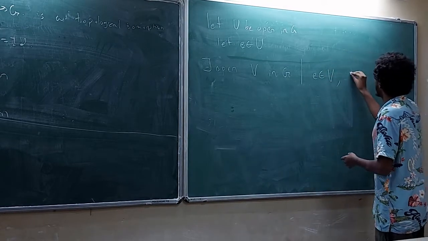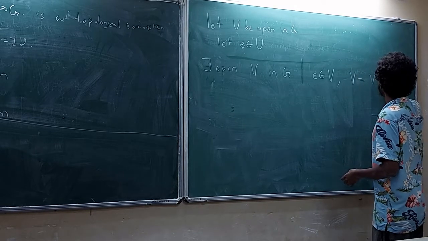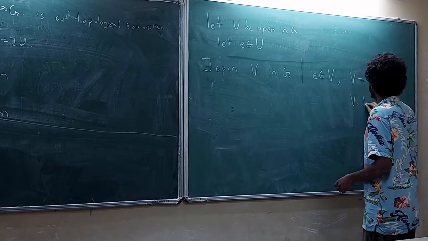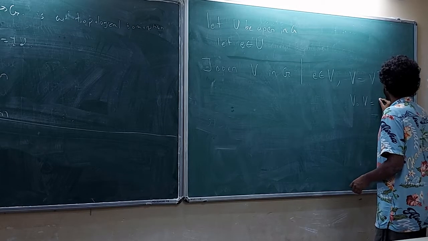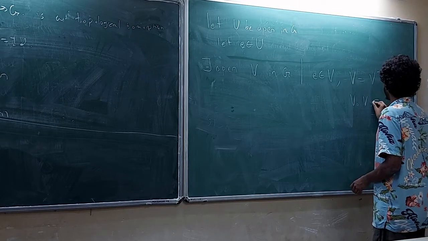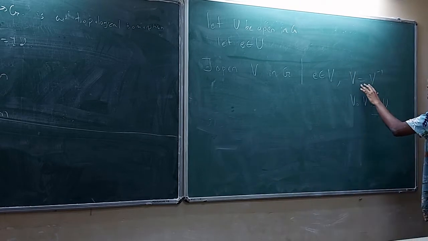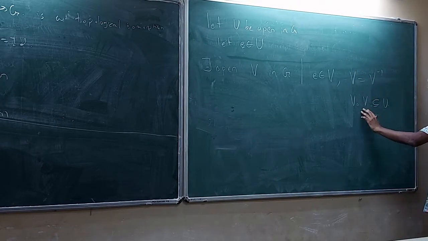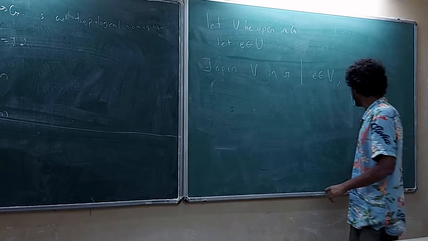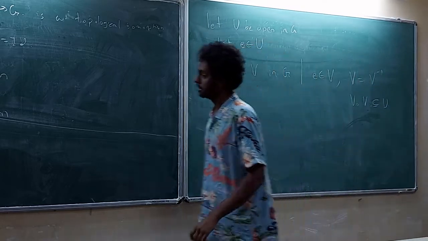More than that, V is equal to its inverse and V dot V is contained in U. So we have captured the essence of the inverse map, we have captured the essence of the product map. And this is a very important characteristic property.